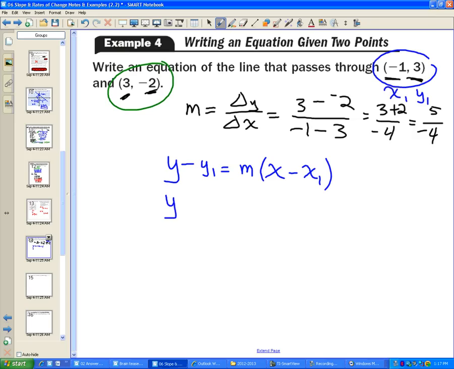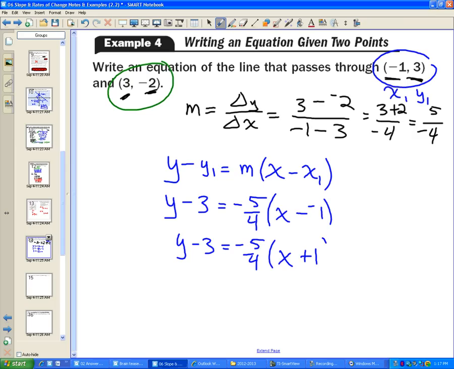So it's y minus my y1, which is 3. My slope is negative 5/4. x minus my x1, which is negative 1. So this is y minus 3 is equal to negative 5/4 times x plus 1. Distribute the 5/4. y minus 3 is equal to negative 5/4 x minus 5/4, because negative 5/4 times 1 is negative 5/4.